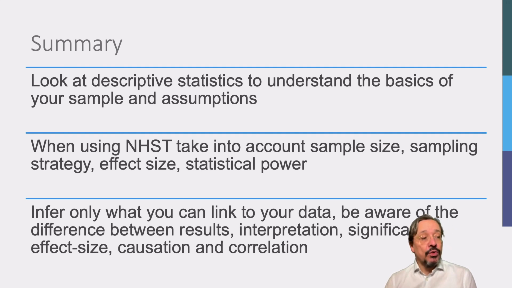And infer only what you can link to your data. Beware of the difference between results, when you report results, and your interpretation of these results. Be aware of the concept of significance testing, the effect size, and the difference between causation and correlation. Thank you.